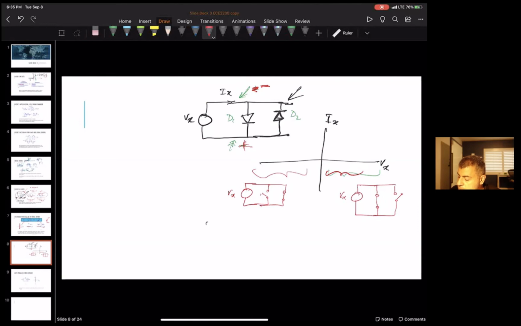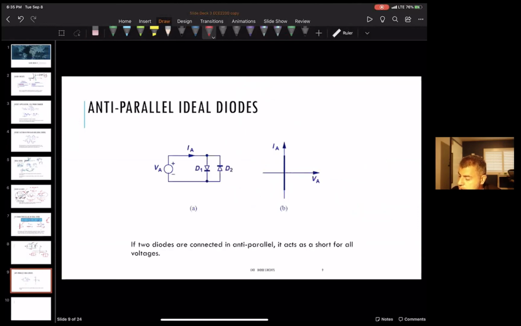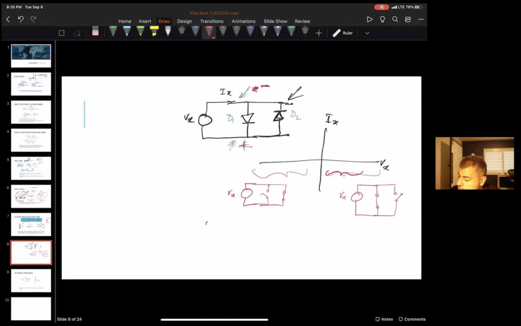So when you do this, regardless of which polarity Vx has, whether you're on the positive side or negative side, you always have a short across Vx to ground.